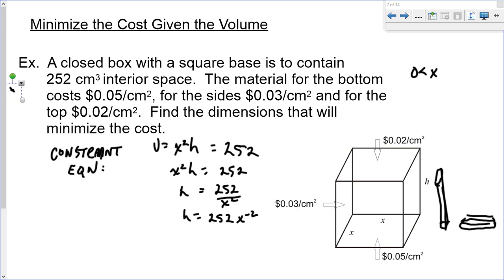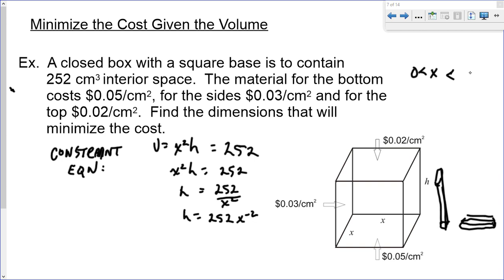And a really, really large base, stretched out. Since I have 252 cubic centimeters to work with, I'm going to neglect the height, in a sense, and just have a really, really small value of my height. My entire base, the x squared component, could be used to get that 252.